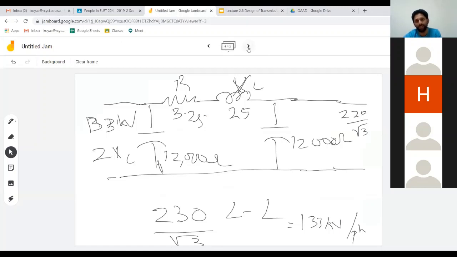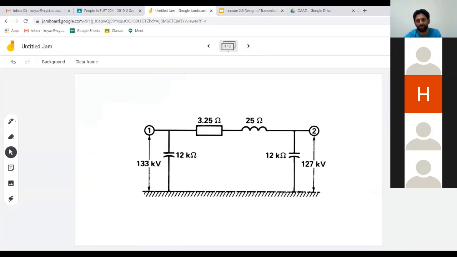So finally, your diagram will be like this. Sending end voltage is 133 kilovolt. Resistance is 3.25 ohm. Then XL is 25 ohm. Then XC divided into 2 pieces. Actually, it was 6,000. So when you make half, actually it is not half.